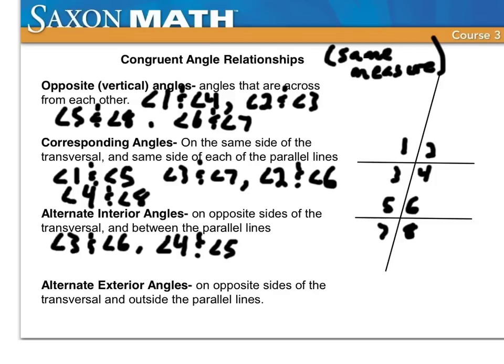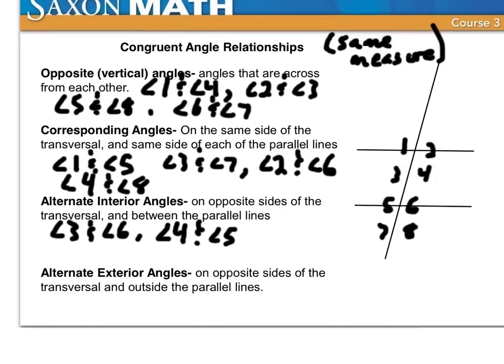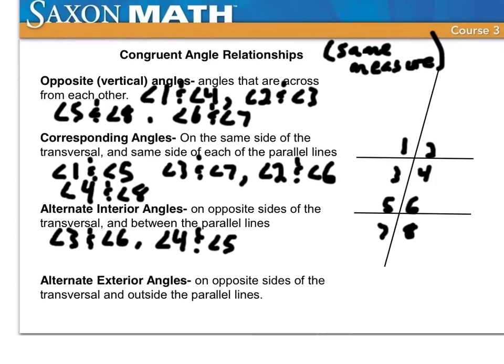Same way we can have alternate exterior angles. Exterior, though, just means outside. So now we're looking at the outer angles, the ones that are outside the parallel lines, 1 and 2 and 7 and 8. And alternate means they're in alternate spots. So angle 1 is an exterior angle, and its alternate exterior angle is on the other side of the line and down at the bottom.